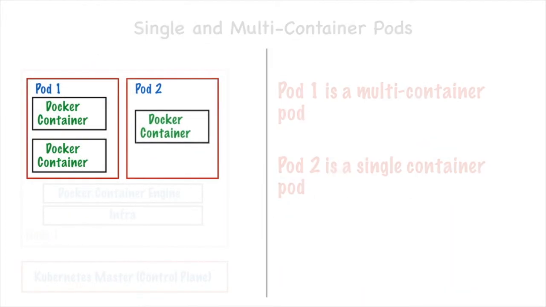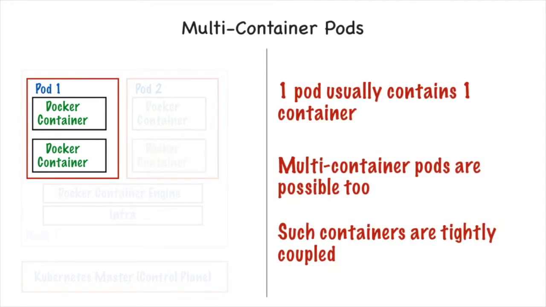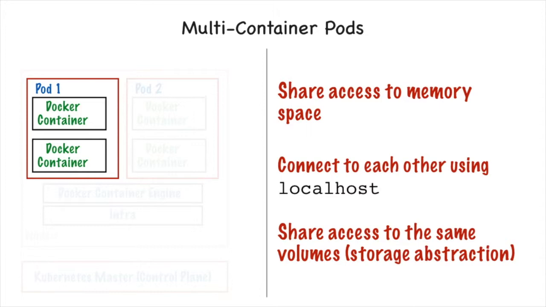In general, pods will have a 1:1 relationship with containers, but that's not always the case. It is certainly possible for a pod to have more than one container running within it. If multiple containers run within a pod, they will be tightly coupled. They will share access to the same memory space. They will be able to connect to each other using localhost followed by the container ports.